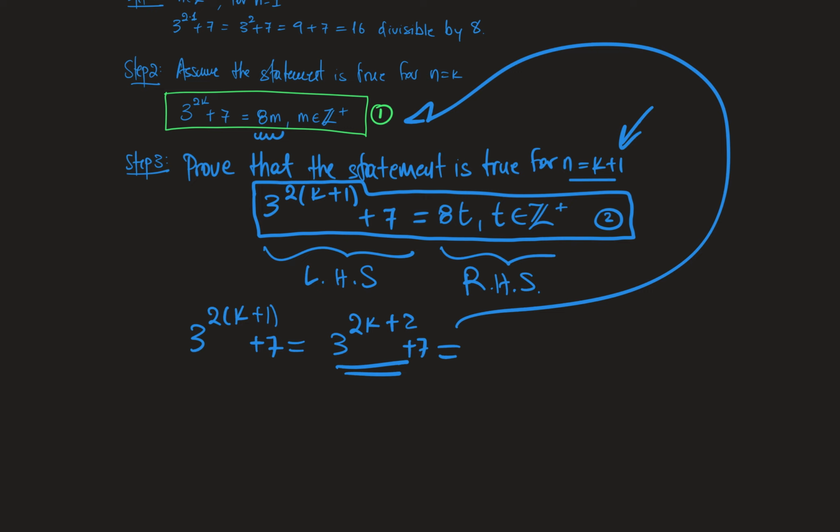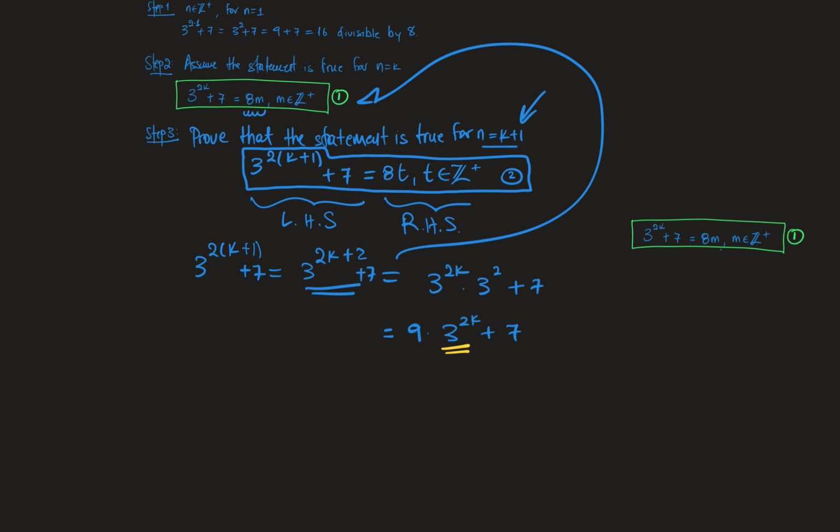So I'm going to write the 3 to the power of 2k plus 2 as 3 to the power of 2k, which is something that I have in relationship 1, multiplied by 3 to the power of 2, and then plus another 7. And then if I carry on from here, I'm going to end up with 9 times the 3 to the power of 2k plus 7.